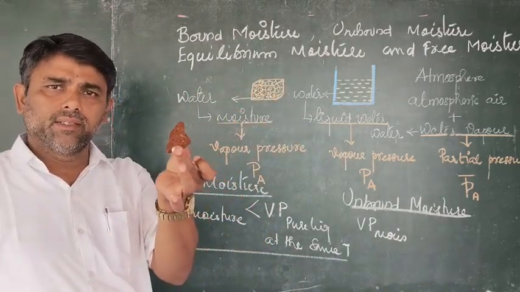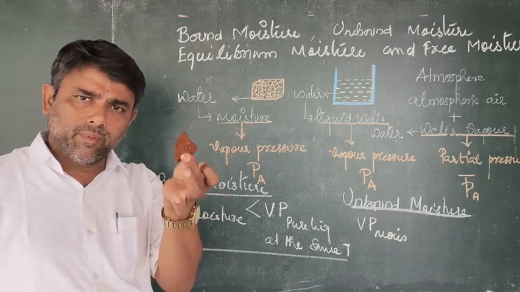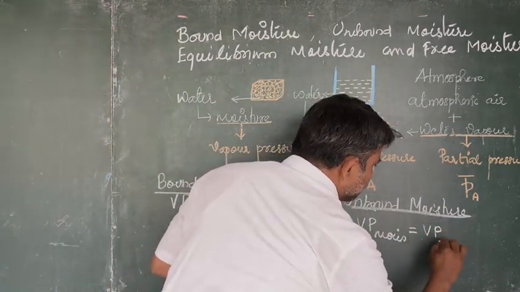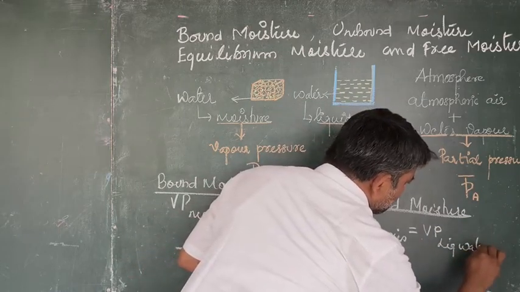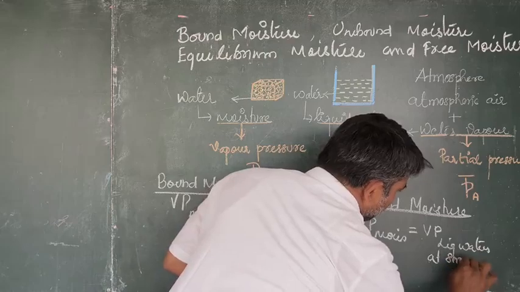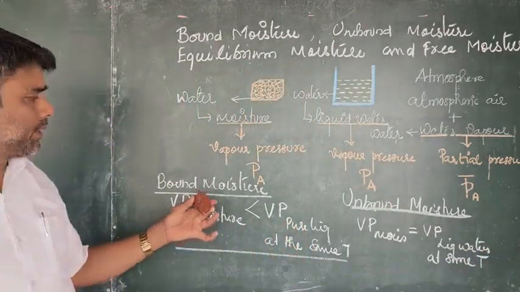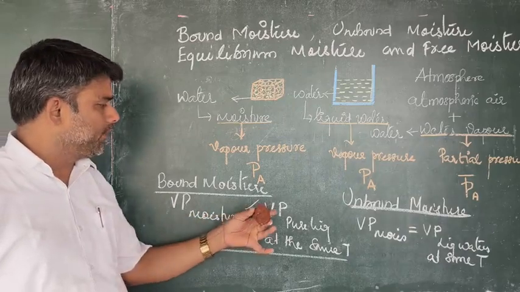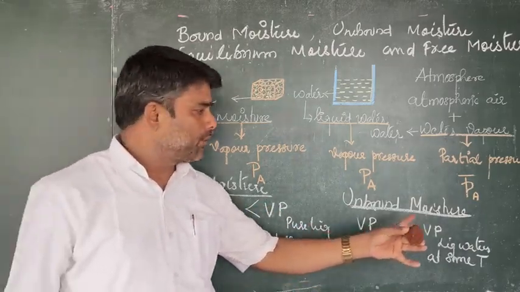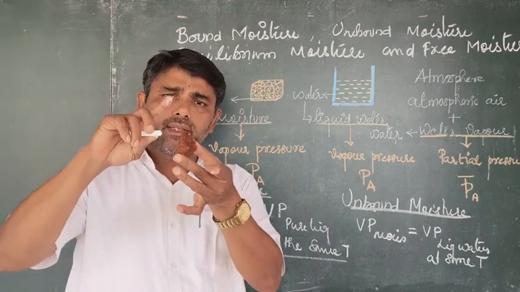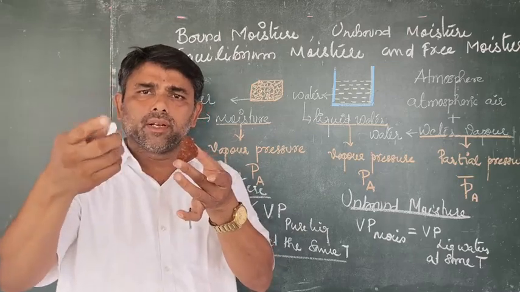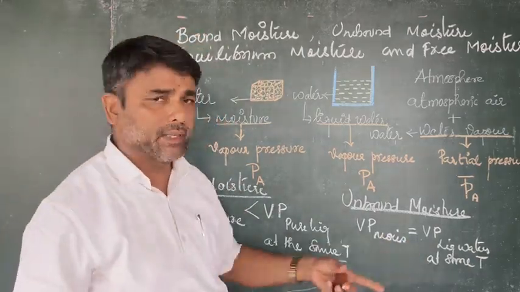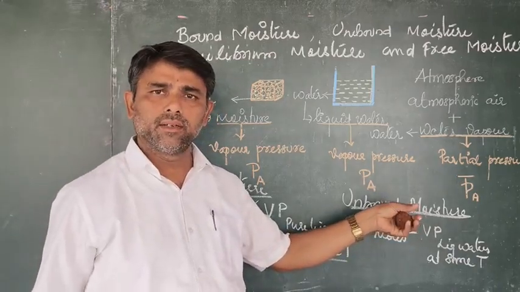If the equilibrium vapor pressure exerted by the moisture is equal to the vapor pressure of liquid water or pure water at the same temperature, this is called unbound moisture. In the bound moisture case, the vapor pressure exerted by the moisture is less than that of pure liquid at the same temperature. Clear? Now you are very clear, right?